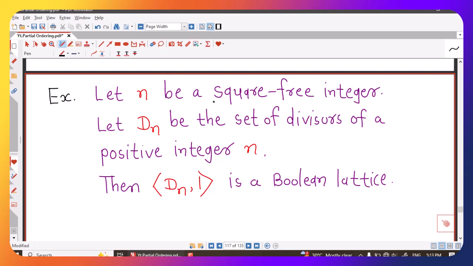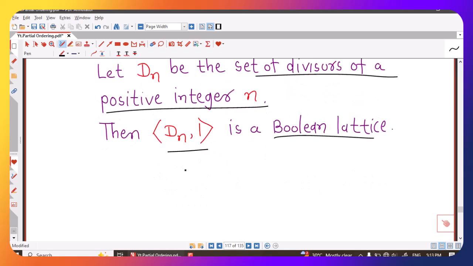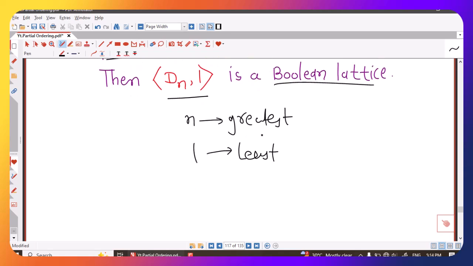We can write that let n be a square free integer, let Dn be the set of divisors of a positive integer n, then Dn with divides relation is a Boolean lattice because it is bounded, its greatest element is n, its least element is 1, therefore it is bounded.